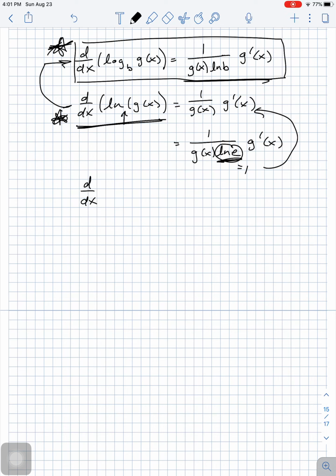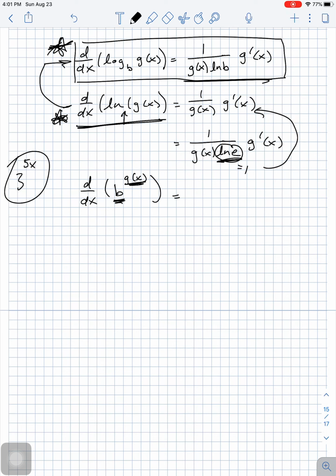And then the other one I want you to know is how to take the derivative of an exponential. Remember, these are like 3 to the 5x or something like that. That's an exponential function. So this b is a number, and then this is a bunch of stuff.